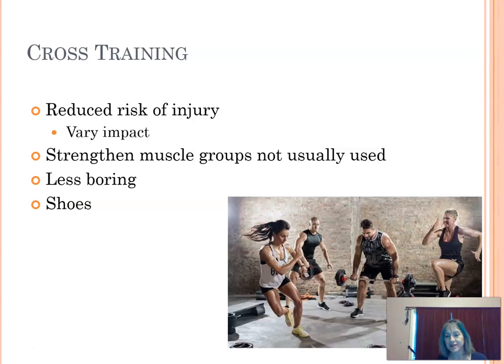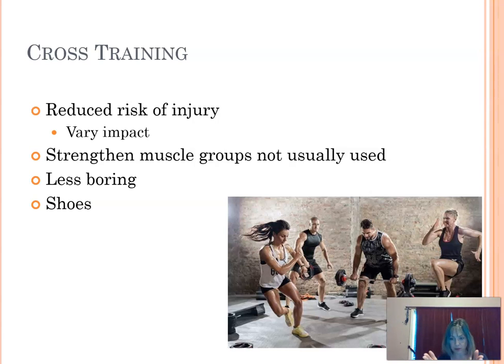And usually, if you know any runners, they have maybe shin splints at some point or plantar fasciitis and that sort of injury, like a chronic injury. Whereas if maybe instead of running 5 or 6 days a week, you took a day and did swimming instead, or did some weight training, or something different.